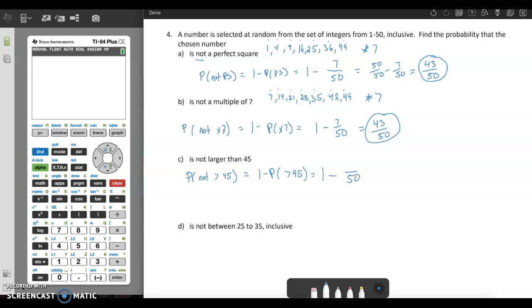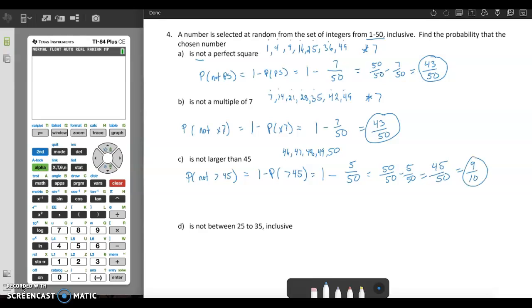How many numbers are larger than 45? Remember, again, between 1 and 50 inclusive. The first one would be 46, 47, 48, 49, and 50. So there are 5 of them. That's 50 out of 50 minus 5 out of 50. So it's 45 out of 50, and that reduces to 9/10.